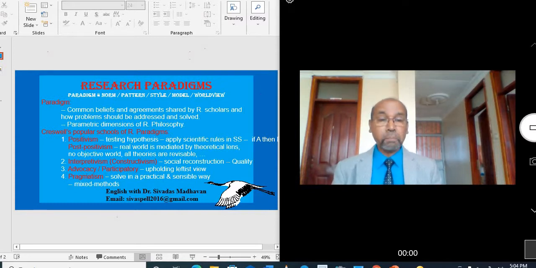A very good example to cite is letter writing. When we teach letter writing, or when we learn letter writing, there are no rules. But some teachers and some textbooks follow certain patterns. That means some traditional ways of writing letters. For example, you write the place and date on the top of the letter on the right hand side.